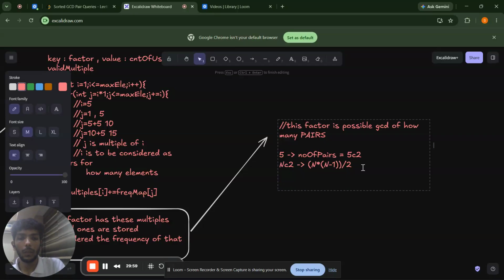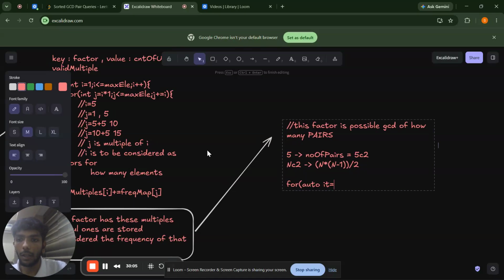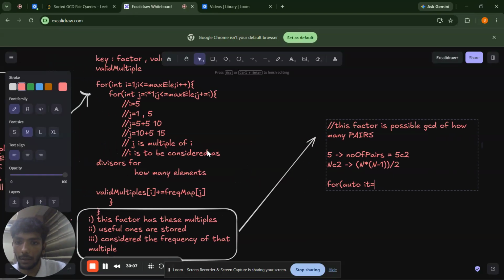So for auto, it equals what we have named here, what is the name? Valid multiples. It is a very big name. I think we should shorten it. It not equal to dot end.